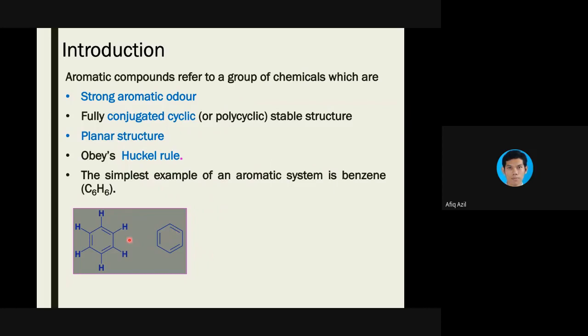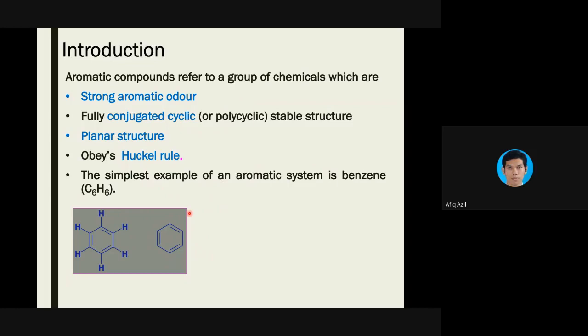So the structure of benzene contains 6 carbons, 1, 2, 3, 4, 5, 6, with 6 hydrogens as well, 1 hydrogen on each carbon. It may look similar to cyclohexane, but in cyclohexane each carbon contains 2 hydrogens, and as I think you managed to try in the lab using the 3D model, the structure of cyclohexane is not planar, not 2D.